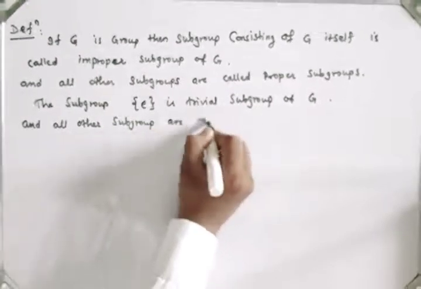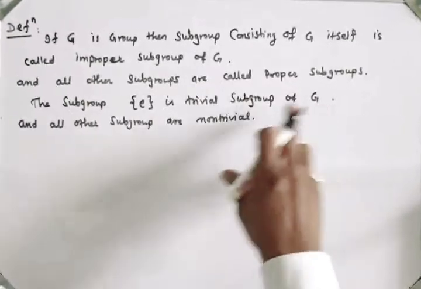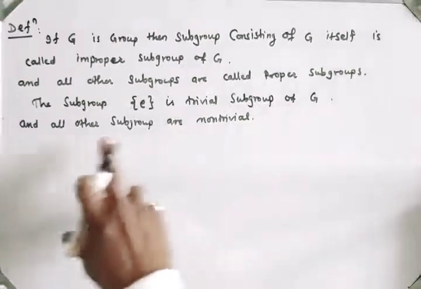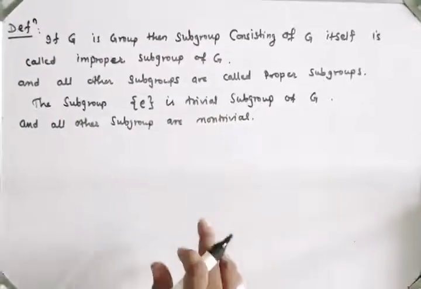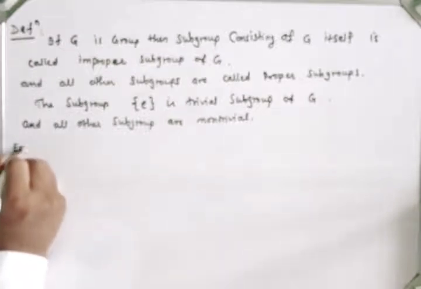So every group G has the identity element as a trivial subgroup of group G, and all other subgroups are always non-trivial subgroups. So we'll take an example.